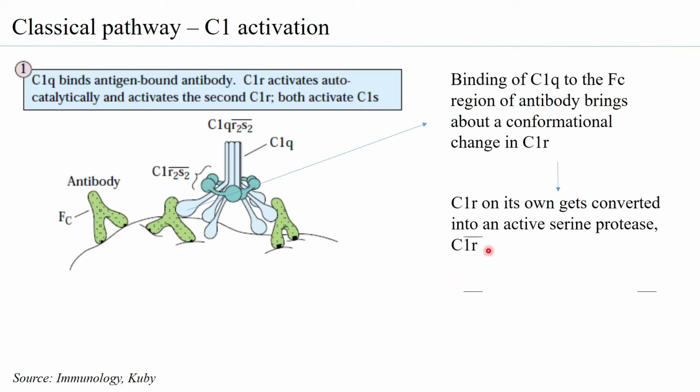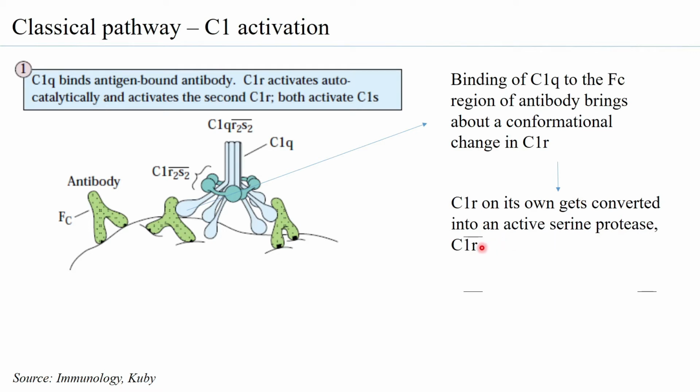So this now is an active enzyme. What earlier was the inactive form of C1R has now become an active form, and that is happening just because C1q is binding to an Fc region, and that conformational change leads to a conformational change in C1R, and that leads to C1R becoming an enzyme, and that too a serine protease.